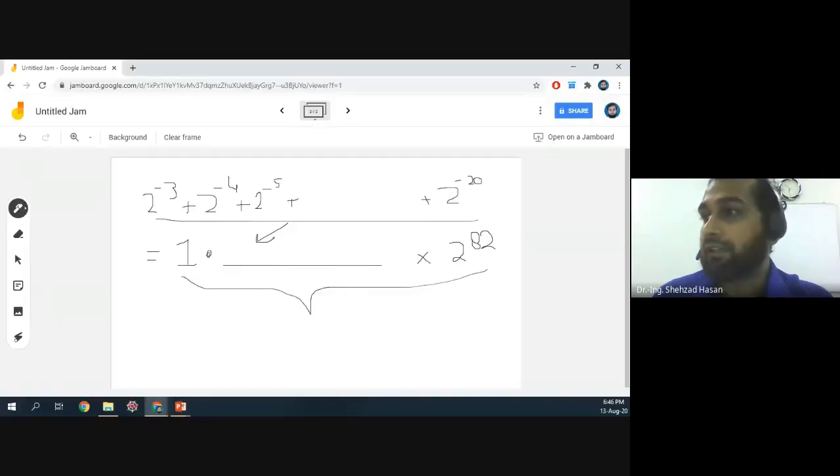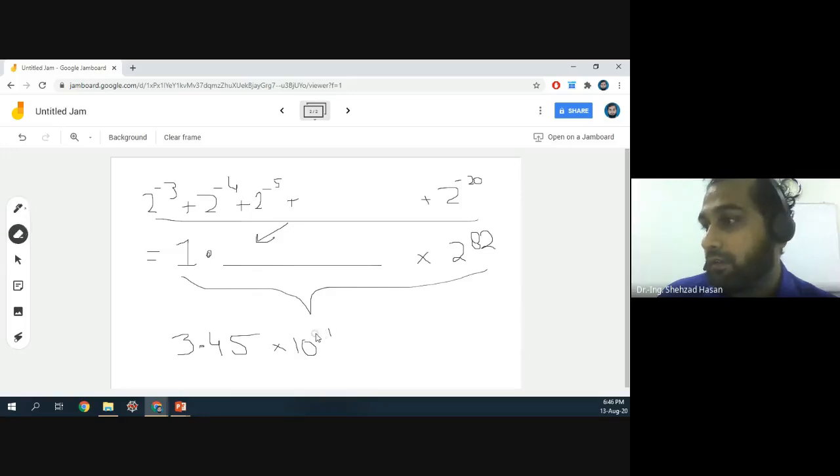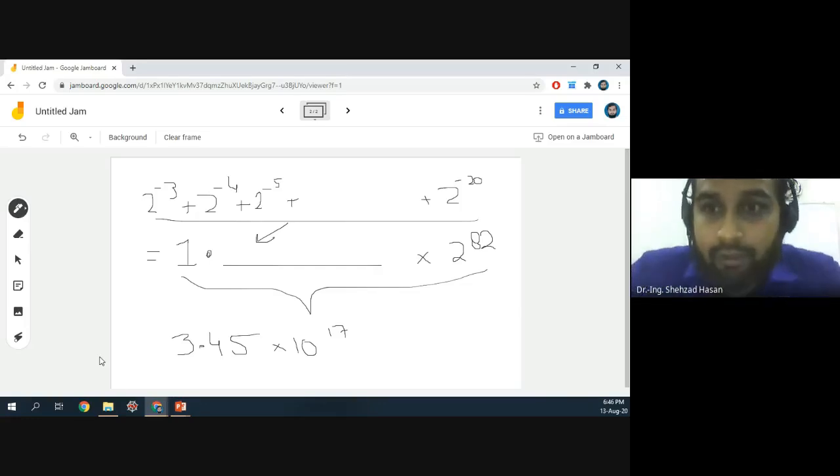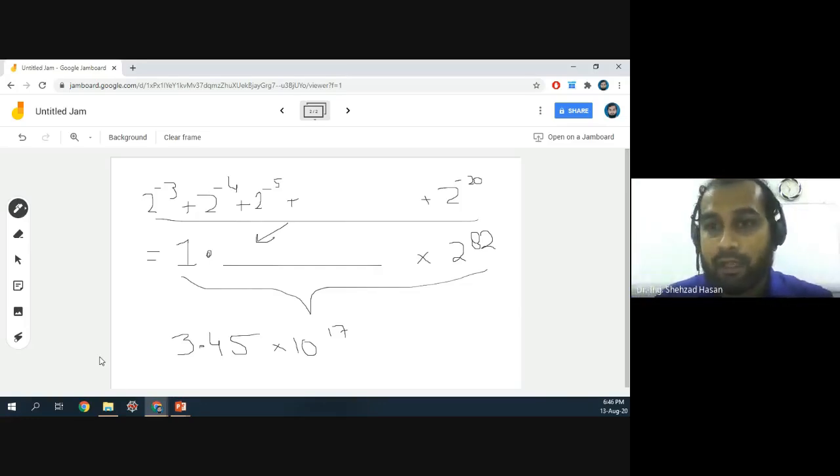The difference I'm getting is 3.45 times 10 raised to power 17. You can do that yourself as well. So that's a huge number. That's a big difference. So we wanted to store something and we had stored another thing which has a difference of 3.45 times 10 to the power 17.